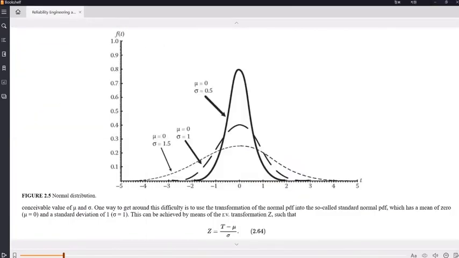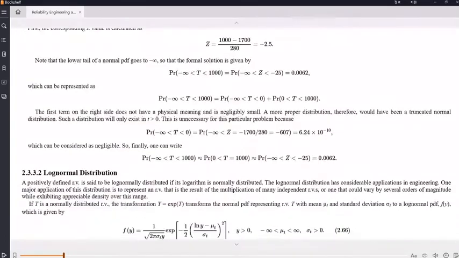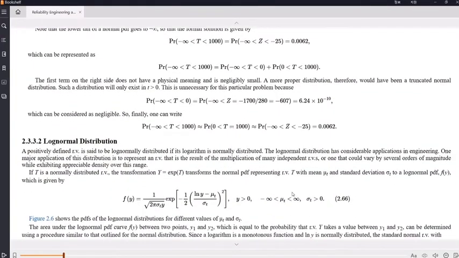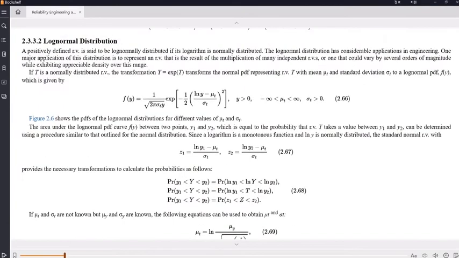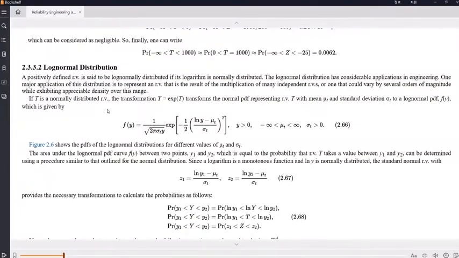The next thing that we are going to study is something called the log normal distribution. First, it is a positively defined random variable. That means it only takes positive values.